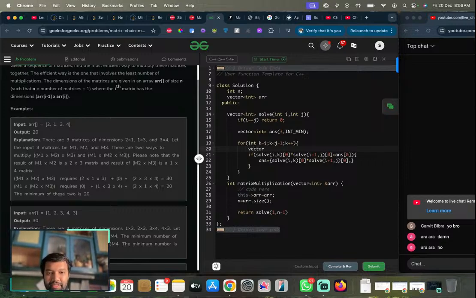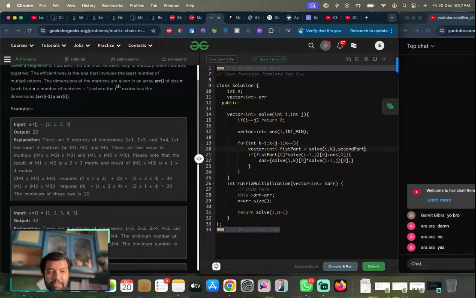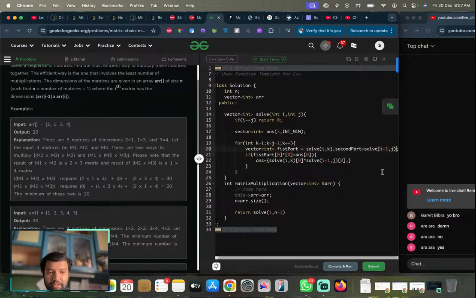Like the first part is equals to this, comma, second part is equals to this. Cool.